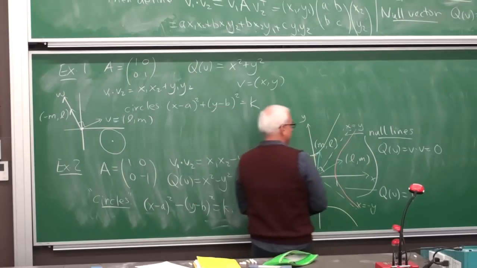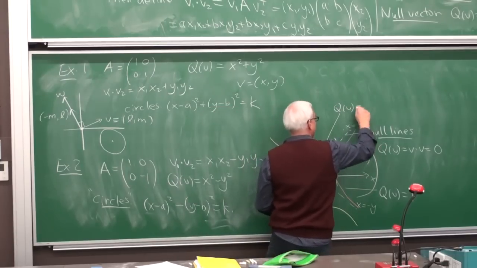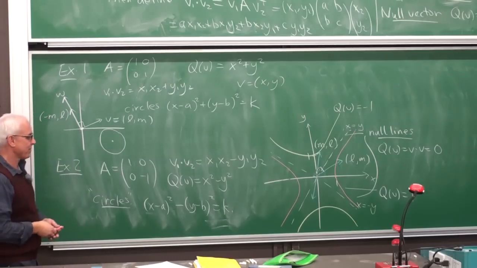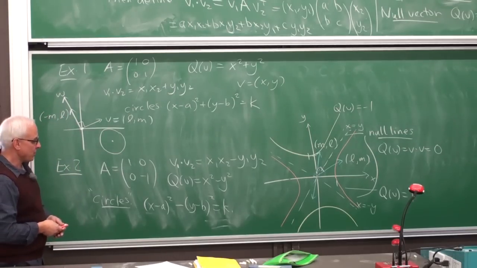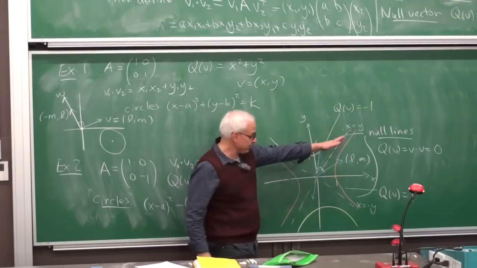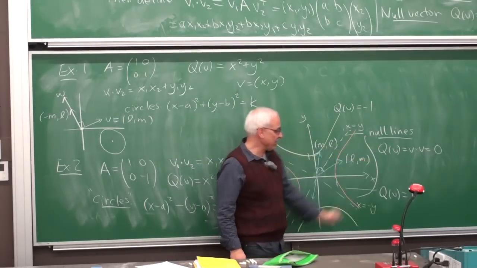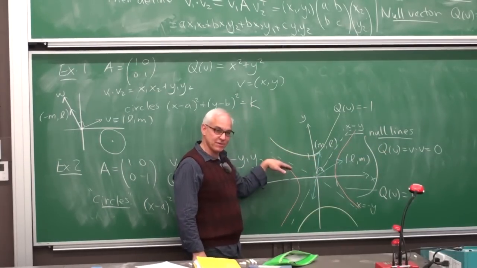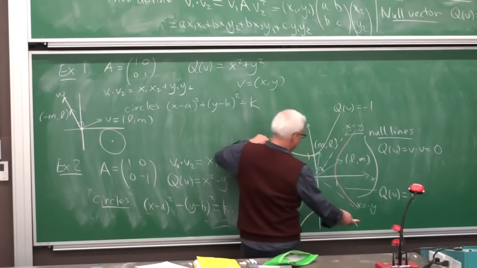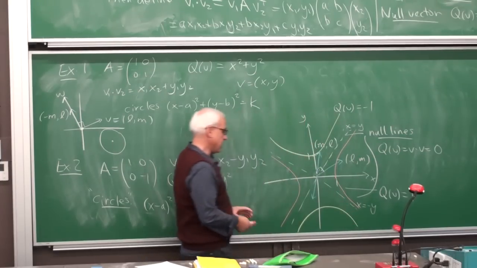That would be the quadratic form of v equals minus 1. So we have three different kinds of circles. We have the null circle, if you like, the quadratic form of v equals 0, which is this pair of lines. The quadratic form of v equals 1 is this kind of hyperbola. The quadratic form of v equals minus 1 is this kind of hyperbola.